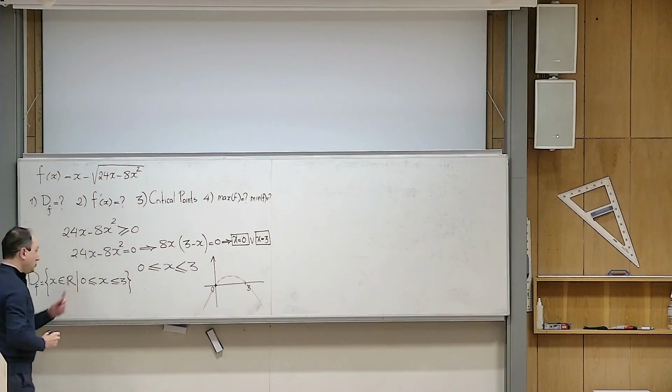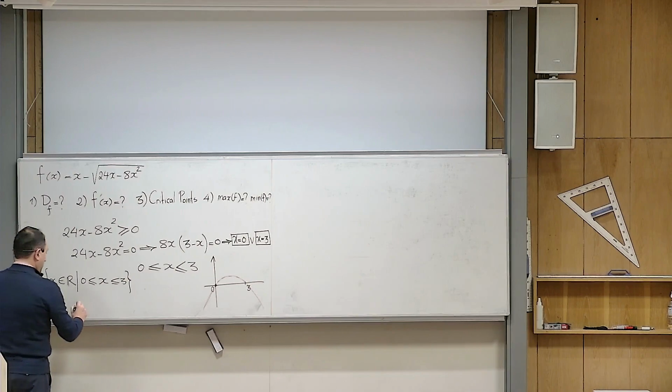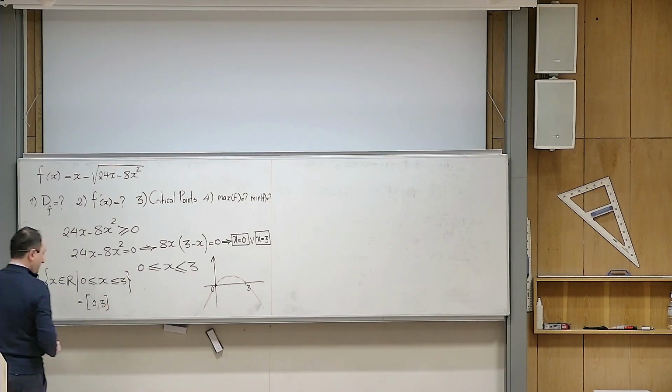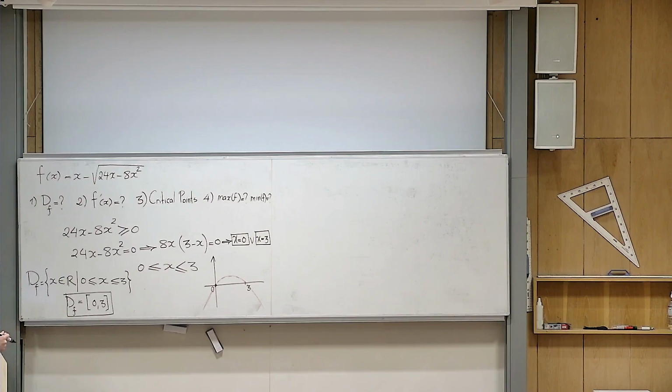But you already know, hopefully, that there is a notation for writing this, and that is the closed interval from 0 to 3. So this set is being denoted like this. So this is the first part of the problem, and the domain of my function is actually this closed interval.